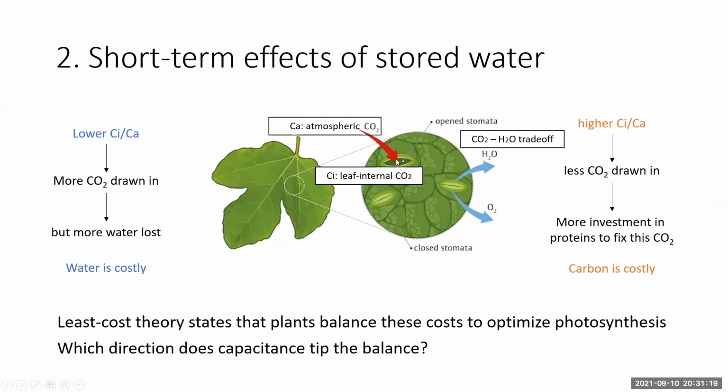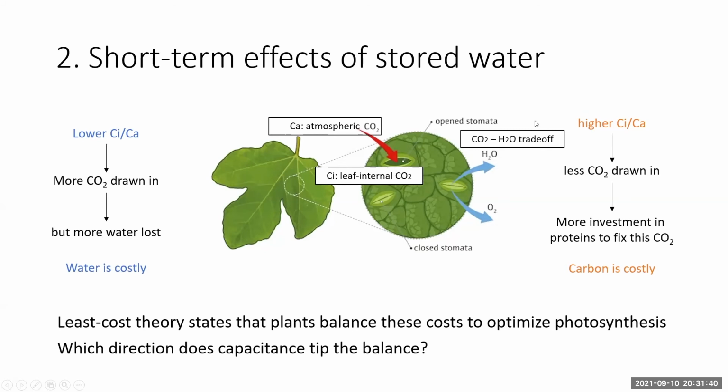But this also means that the stomata are open at this time and more water is being lost because of that exchange. And so water becomes rather costly. And so a lower Ci/Ca value will tell us if water is costly.